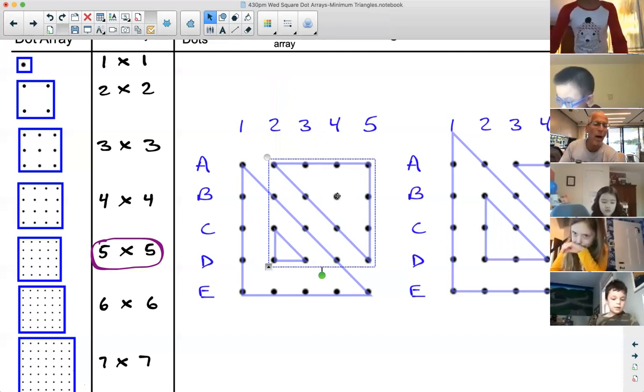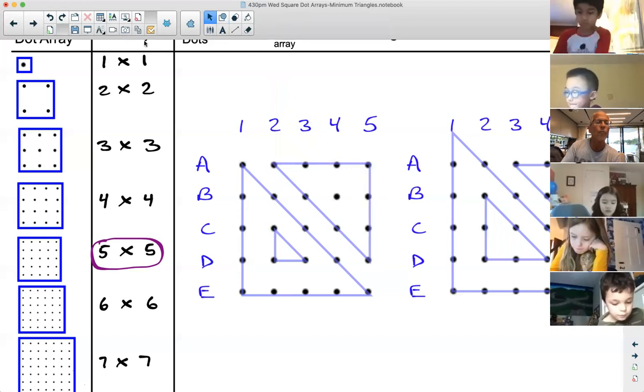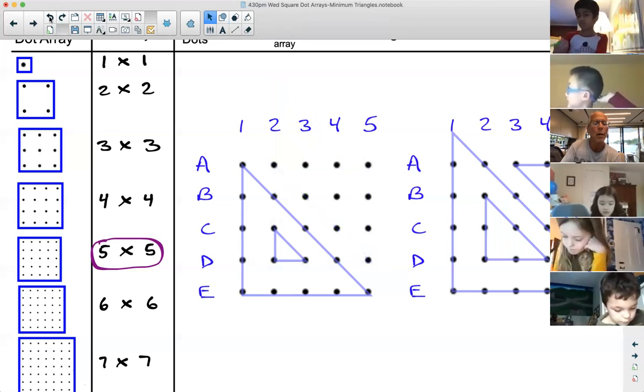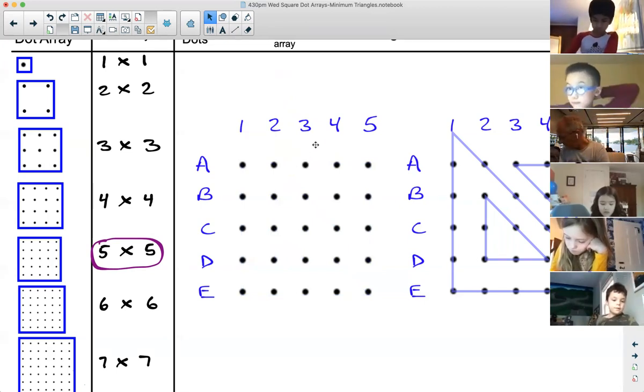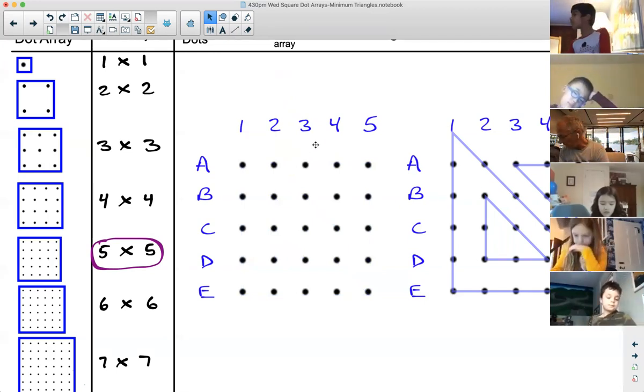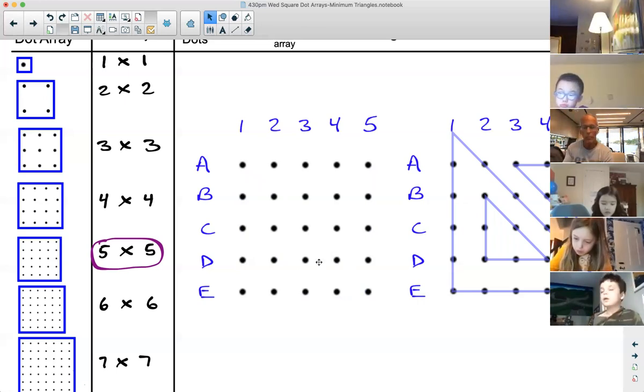Remember the one that Maeve tried? That was very good and very courageous. Sarah, go for it. I'm not sure if the triangle will work, but I think I might have one. All right, I cannot wait. Okay, so it goes E1 to A5.